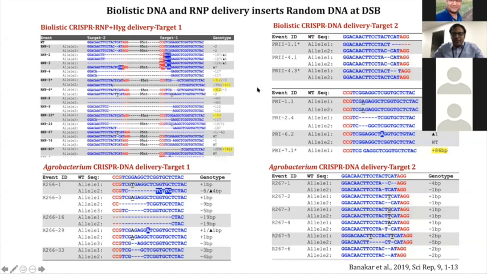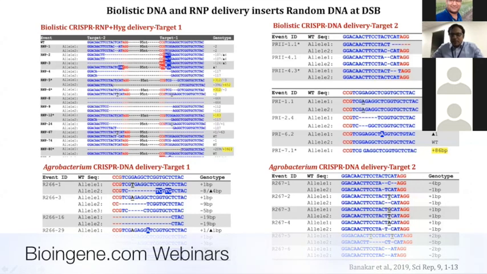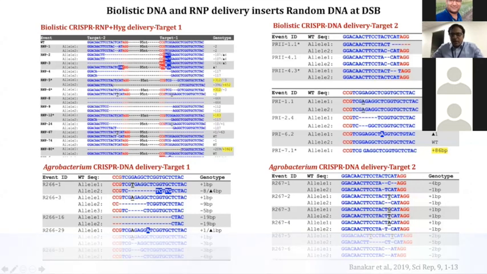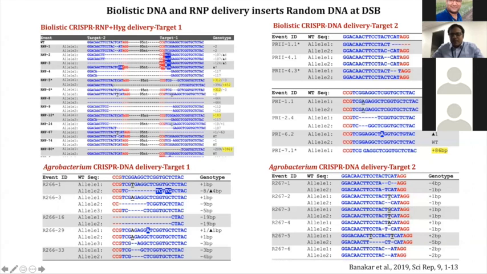Then we had CRISPR DNA delivery, where the CRISPR Cas9 was delivered as a construct using biolistics. We again had these yellow letters, which show that fragments of the selectable marker plasmid backbone were integrated in the cleavage site. But in the case of Agrobacterium, we did not observe any of these broken DNA fragments going inside the cleavage site.